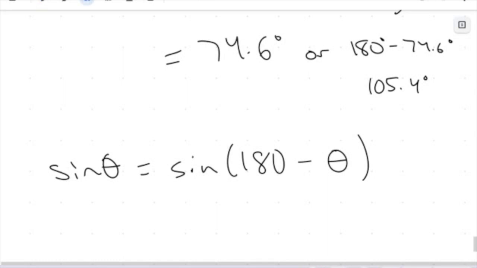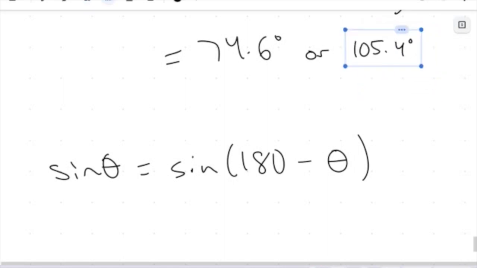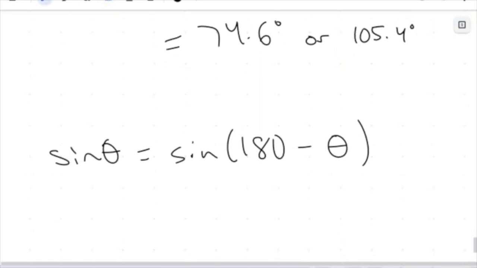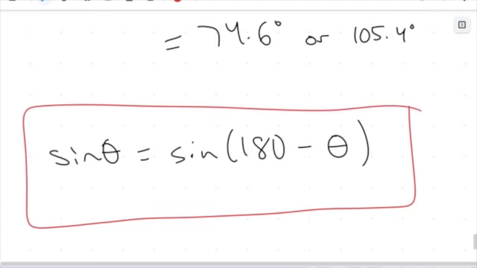I have 74.6 or 105.4 as an answer. And that is using this thing that we observed here. When we have the possibility of obtuse angles, there is a particular trig identity that we have to consider.